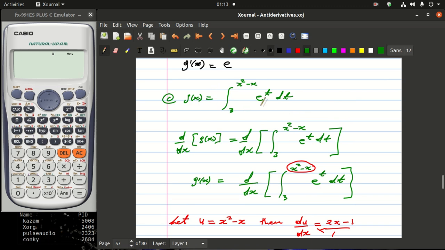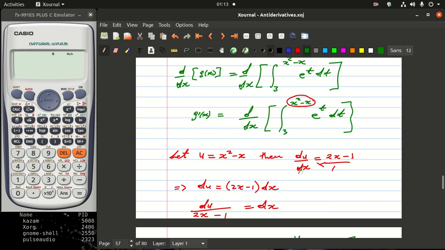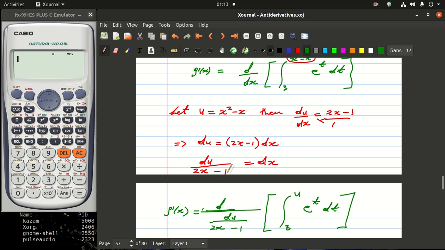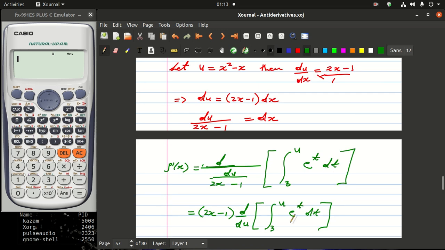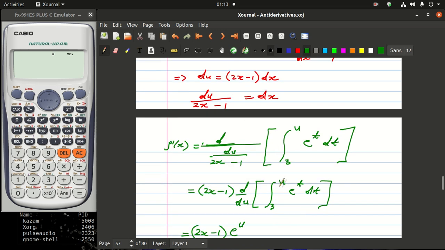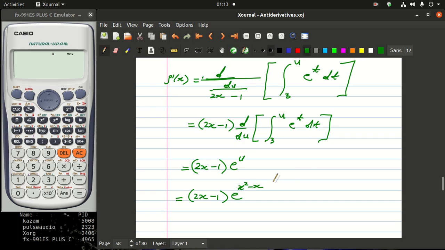What is important here, other people, what they usually do, they just take this and plug it in the value of t and get the derivative and then multiply by the derivative of that. That is actually correct. Others, they do it this way. I prefer to use it this way because it becomes straightforward and is also kind of linked to the substitution rule.